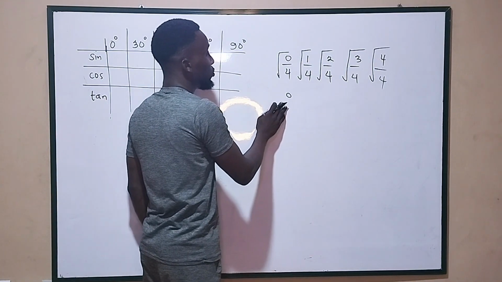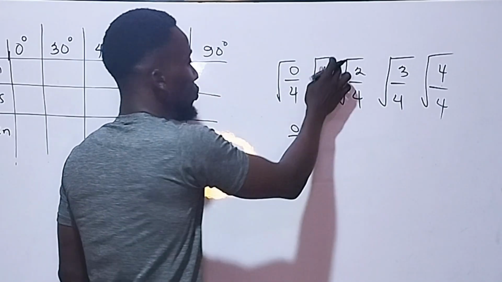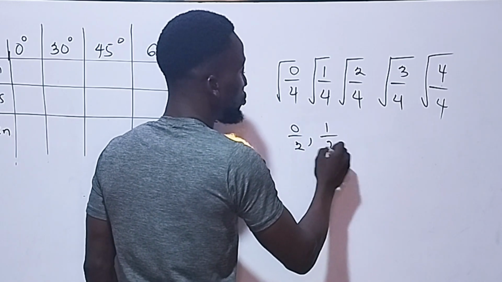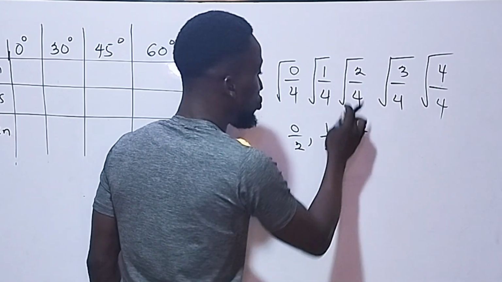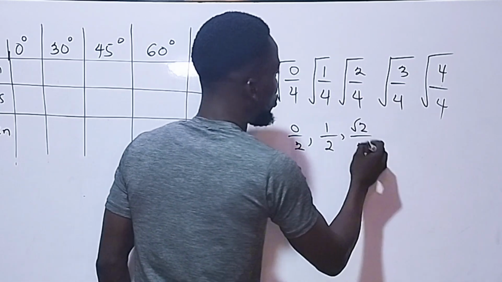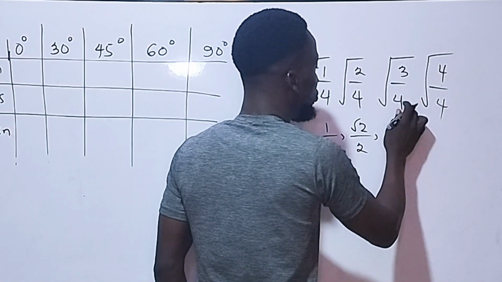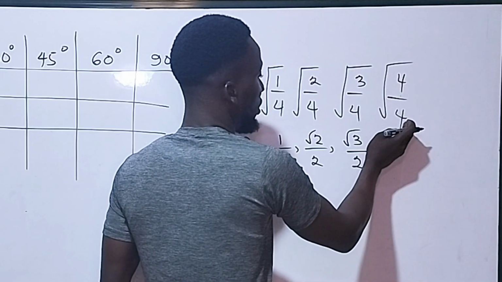We all know that the root of 0 is 0, and the root of 4 is 2. We have the root of 1 is 1, and the root of 4 is 2. We have the root of 2 as root 2, and we have the root of 4 as 2. We have the root of 3 as root 3, and we have the root of 4 as 2. We have the root of 4 as 2, and the root of 4 here as 2.